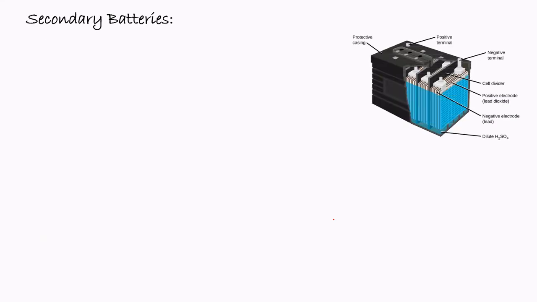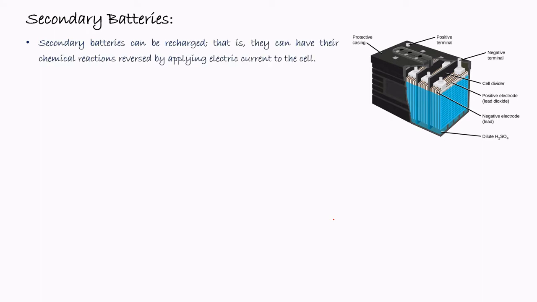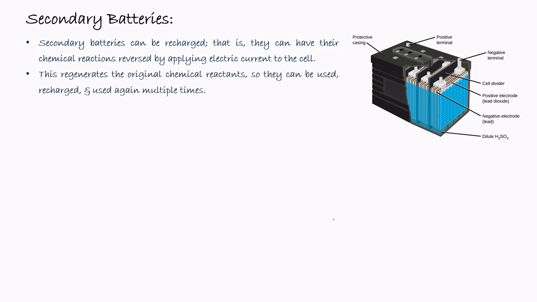Now the secondary batteries. These can be recharged, that is, they can have their chemical reactions reversed by applying the electrical current to the cell. This regenerates the original chemical reactants so that they can be recharged and used again multiple times.